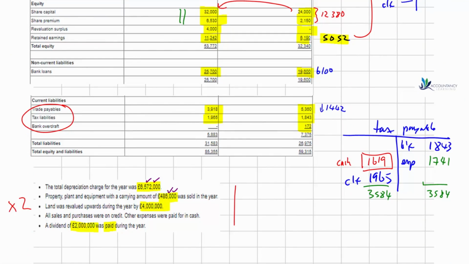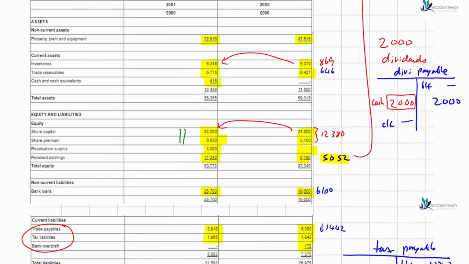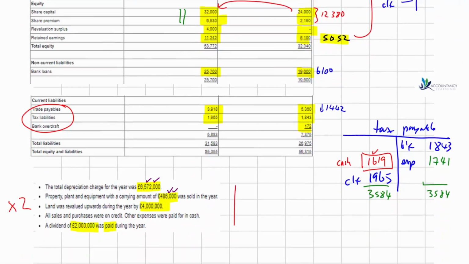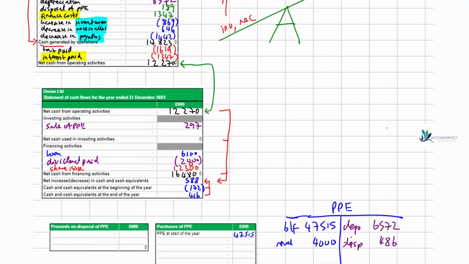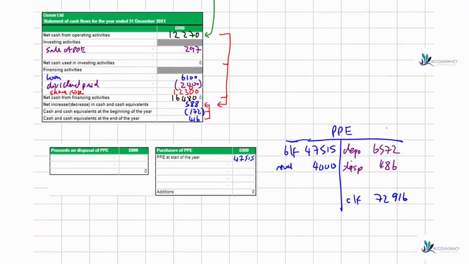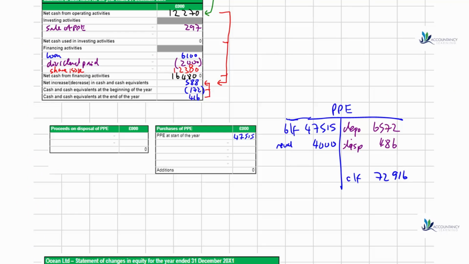So notice that all these red boxes, they've all got a number inside them. That's good. But what we don't have, though, is our property, plant, and equipment. So in your assessment, you will typically either be asked to calculate depreciation or to work out how much money we've spent on additional new assets.